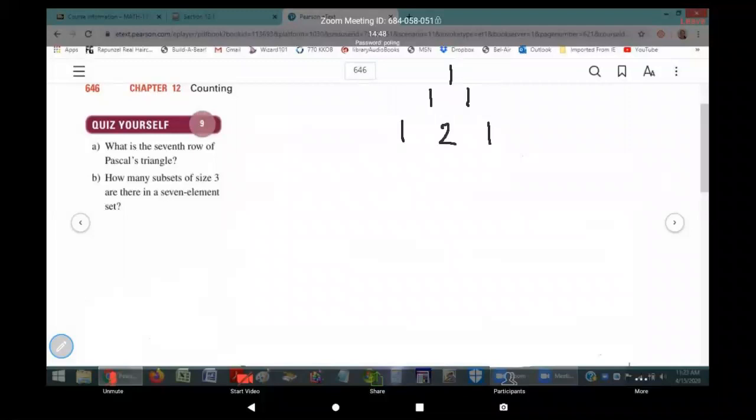Let's move our highlighting down so we can take a look. Now we have spaces between the numbers and in front and behind. These are where we will write our next row. We always begin with a 1, and now we're going to sum the 1 and the 2 to form a 3. Sum the 2 and the 1 to form a 3, and end with a 1.